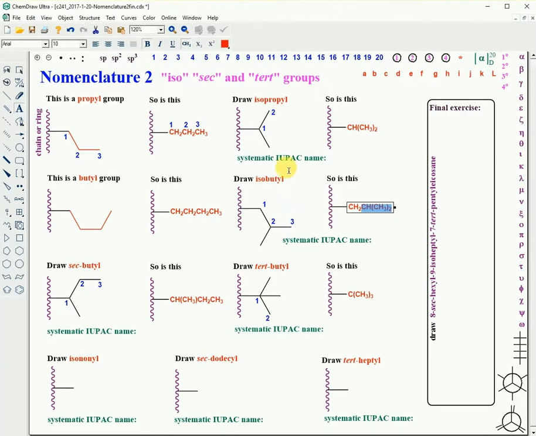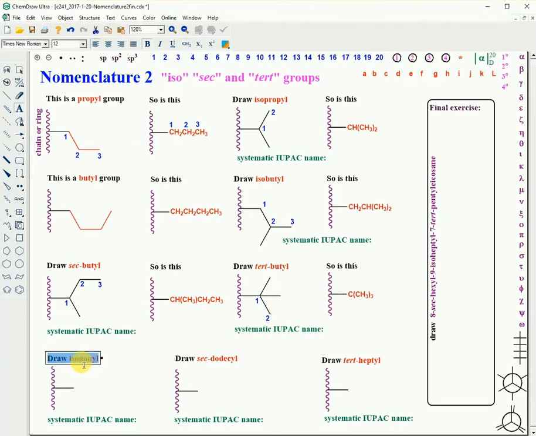We've seen iso with the V on the end, sec with the branch right away, and tert with 2 branches right away. Let's see if we can put that to use in doing other isos, secs, and terts.